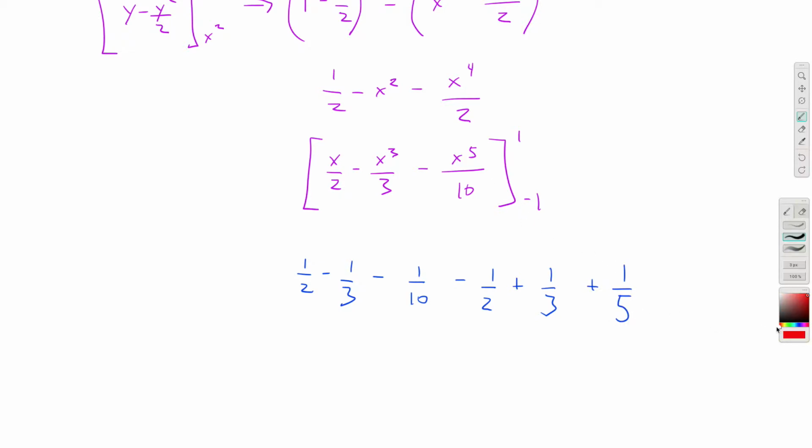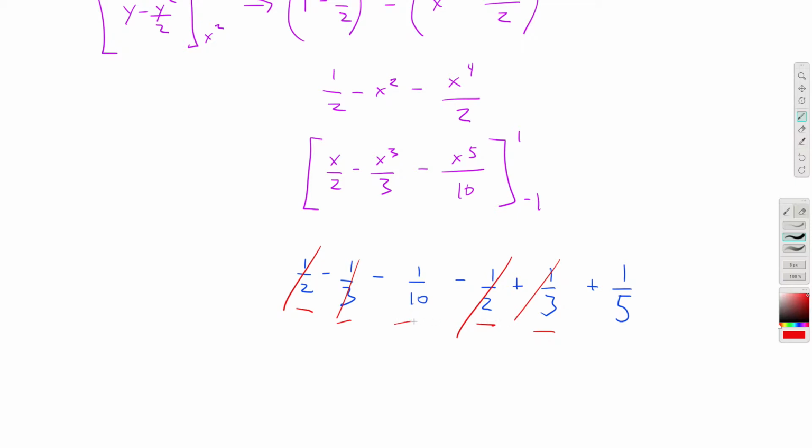And then let's see if we can cancel anything out. So you got a half here and a negative half here, so they go away. I think I screwed up. You got a negative half here and a positive half here, so they go away.